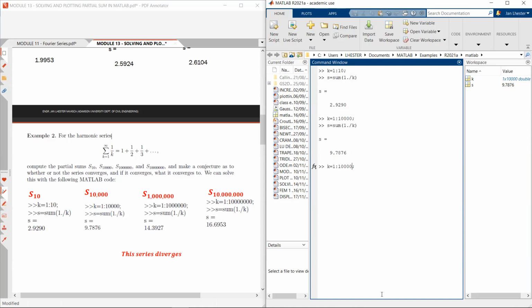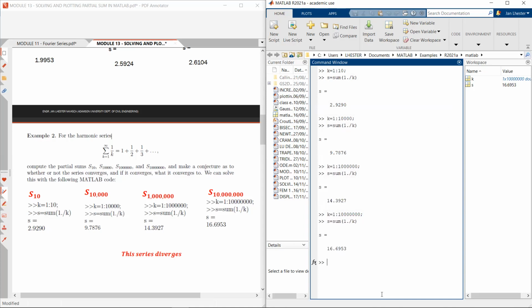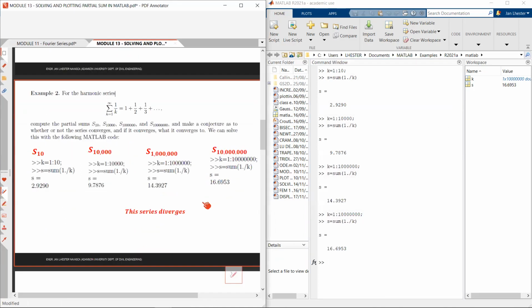Taking the partial sum for 1 million, you get 14.3927. And taking the partial sum for 10 million, you get 16.6953. So if we check, the first 10th term is 2.920, the next one is 9.7876, and the next one is 14.392.